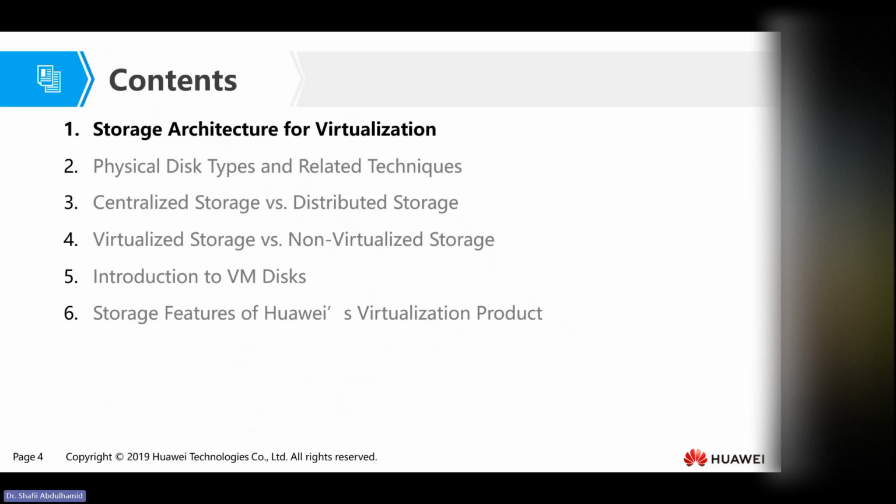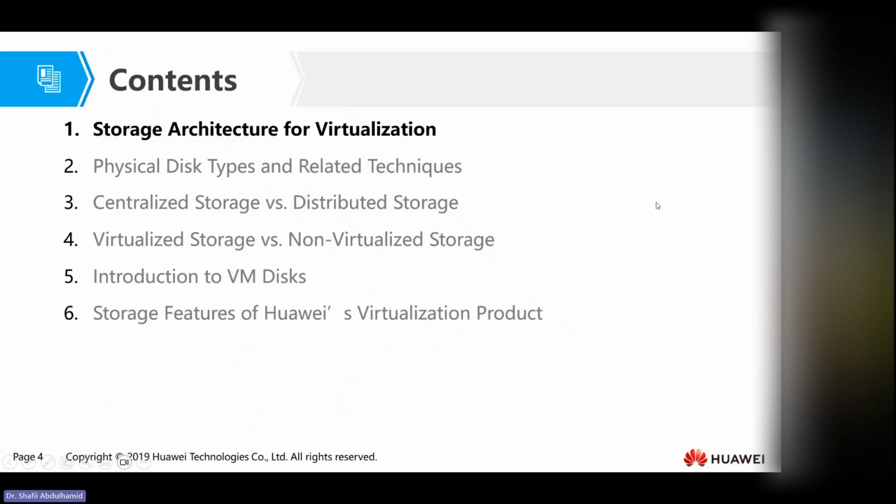So normally the slides are arranged in such a way that Huawei will always describe for you the general technology of whatever they are going to introduce, and then in the last section, they will introduce to you how their own product works.